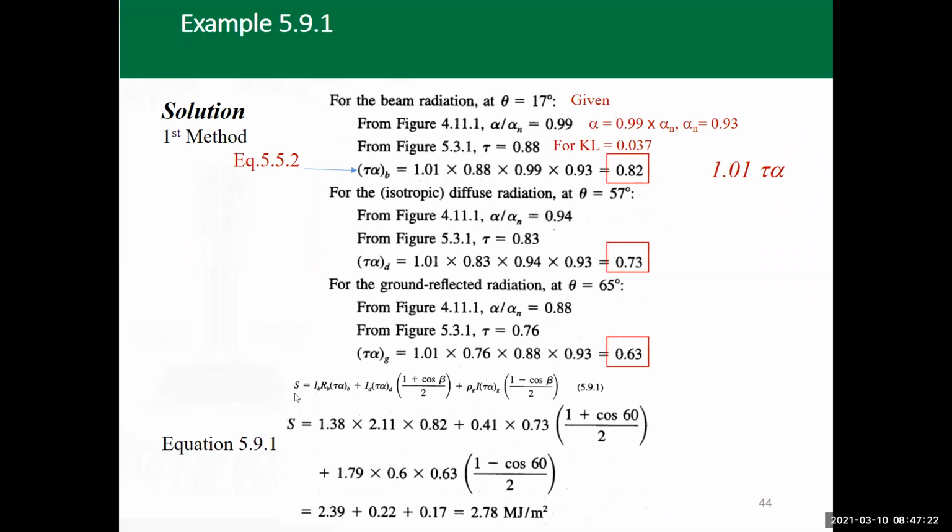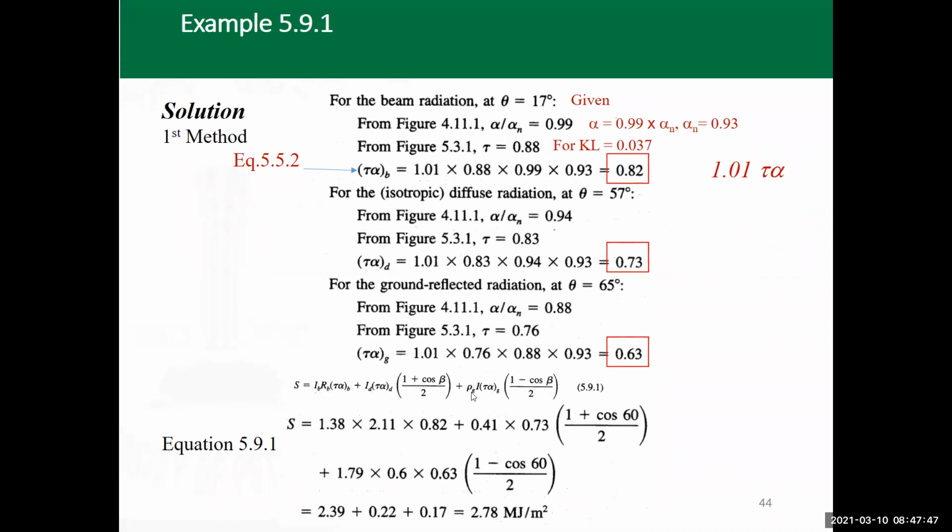Then the expression of S by equation 5.9.1 is given here. You can see the components here. And in this figure, we have already obtained the value of tau alpha for the beam radiation, for the diffuse radiation, and for the ground reflected radiation. IB is given to us in the problem. ID is given to us in the problem. RB is also given.